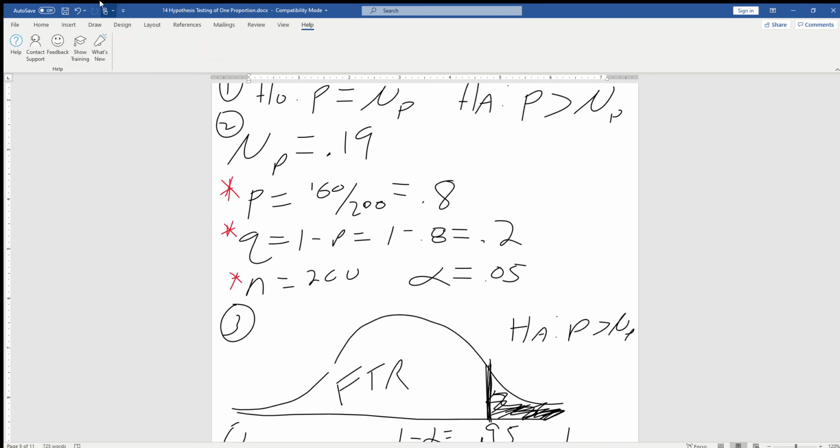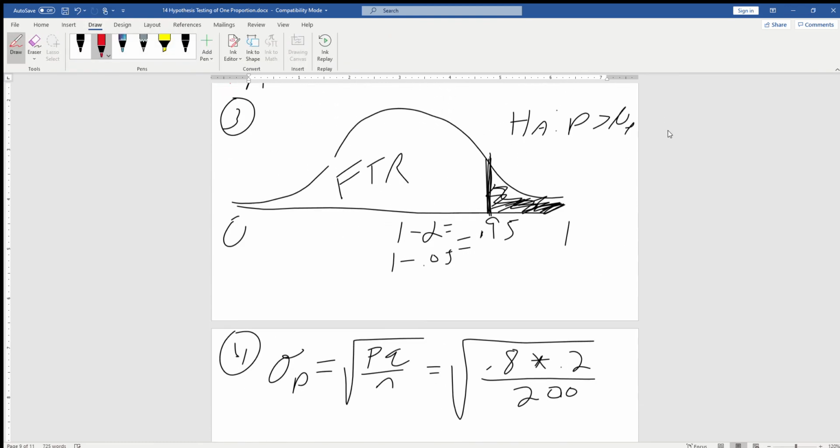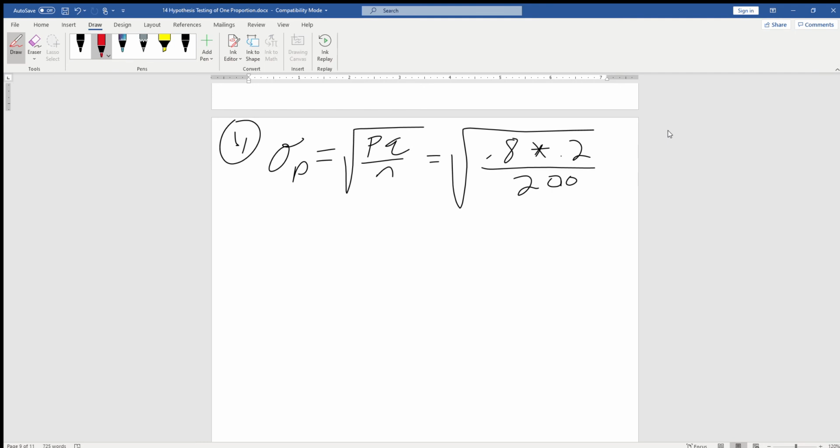I'm going to throw that into the calculator, and I'm going to compute. I got 0.028 approximately. So our standard deviation, 0.028.